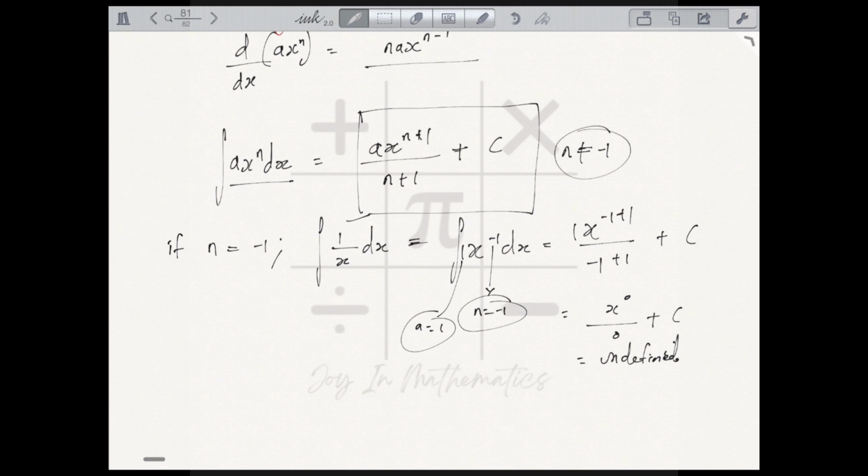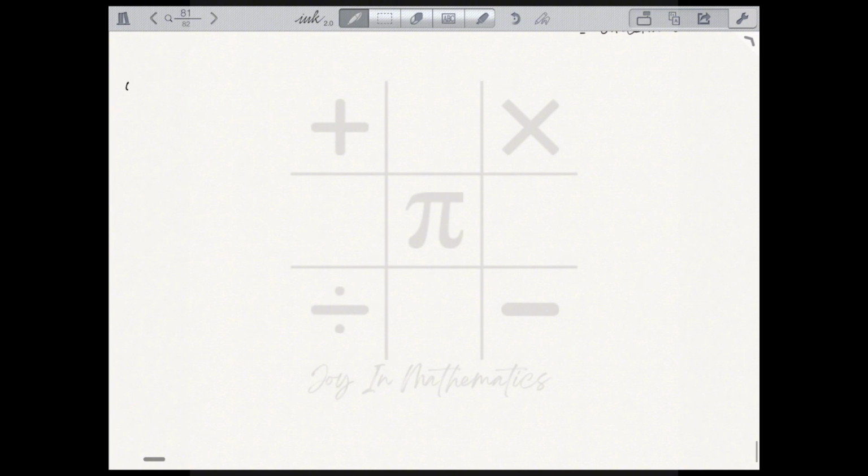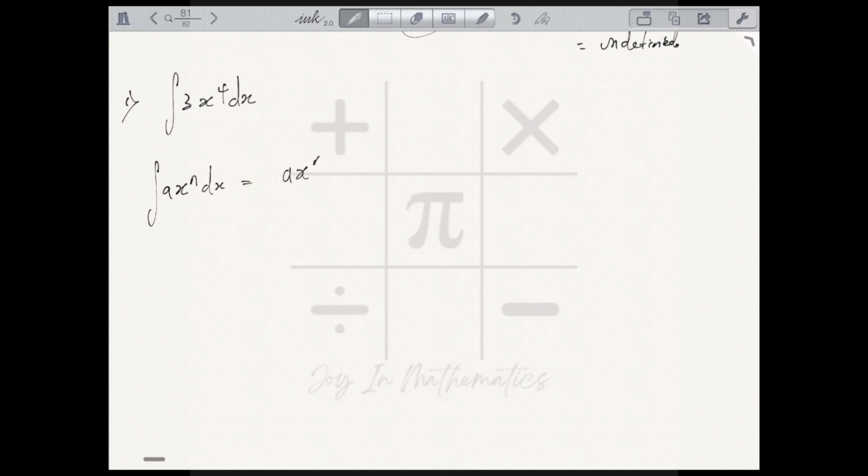Now let's take a series of examples on this format of integration to aid our understanding. Let's begin with question 1. Integral of 3x raised to power 4 dx. Now let's remind ourselves of this format, that integral of ax raised to power n dx is equal to ax raised to power n plus 1 divided by n plus 1 plus c.